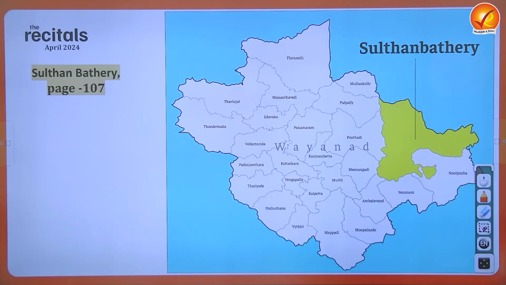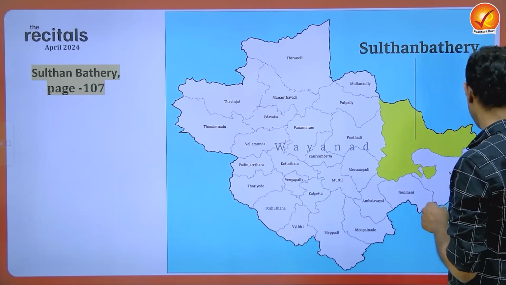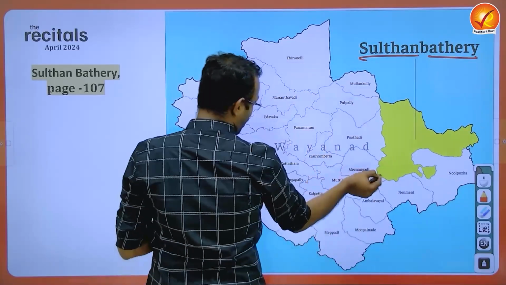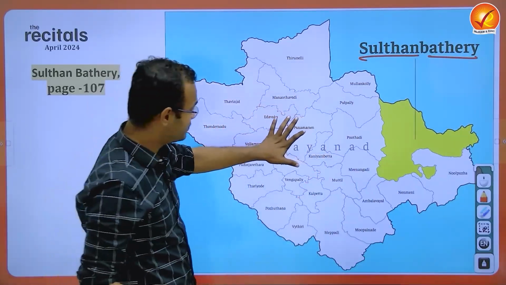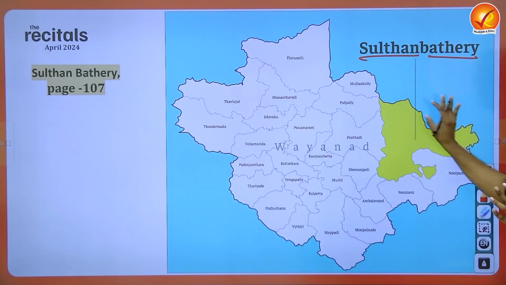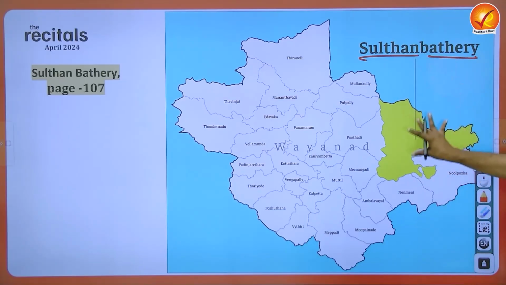Right. The next one, Sulthan Bathery. It's a town. This is the entire Wayanad map that has been shown. So in the most easternmost part of the Wayanad map, you will be able to see Sulthan Bathery, the yellow colored part.